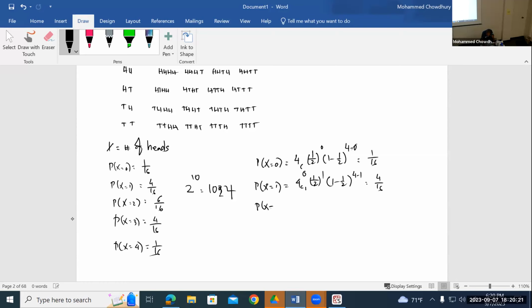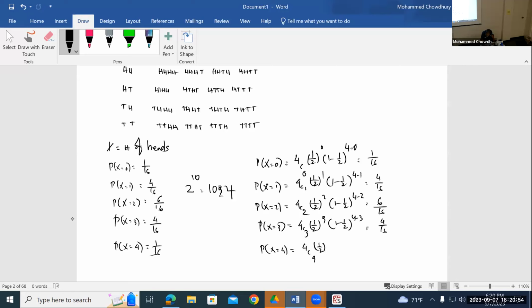And then probability of X equal to 2, 4C2 half to the power 2, 1 minus half to the power 4 minus 2, which is equal to 6 over 16. Four heads, equal to 4C4 half to the power 4, 1 minus half to the power 4 minus 4, equal to 1 over 16.